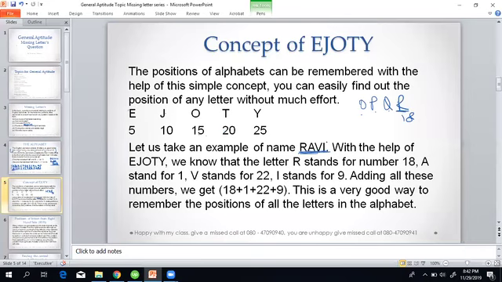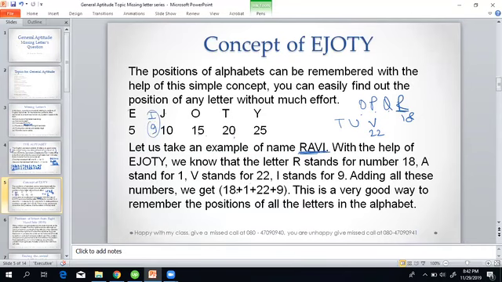And V is close to TUV. T is at the 20th position, so V will be at the 22nd position. We can write directly that V is at the 22nd position because it is close to T. Then for I, because it is close to J, IJ, so I is at the 9th position.